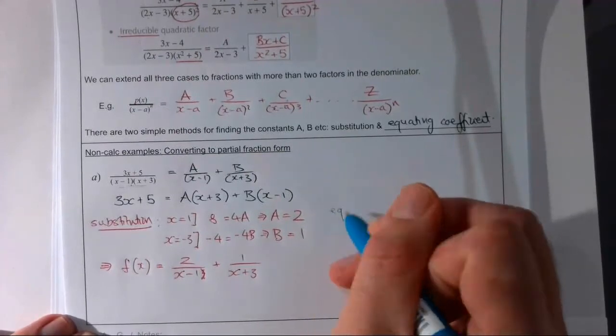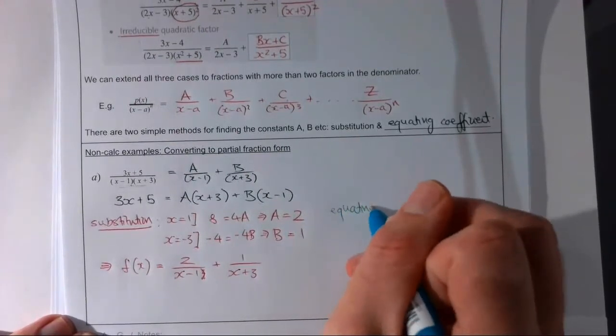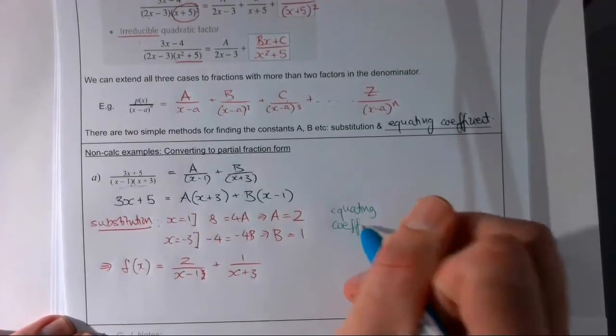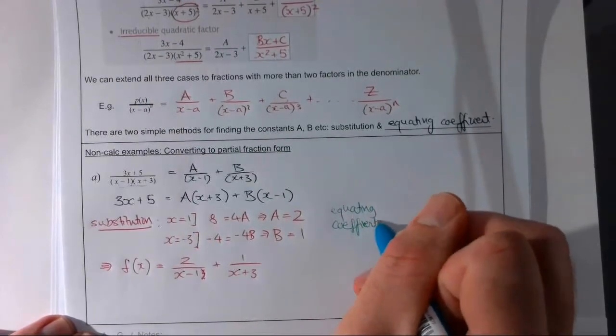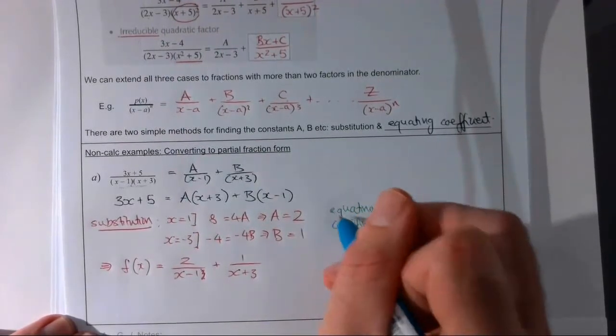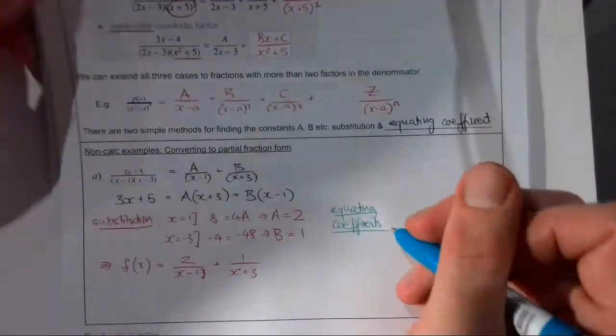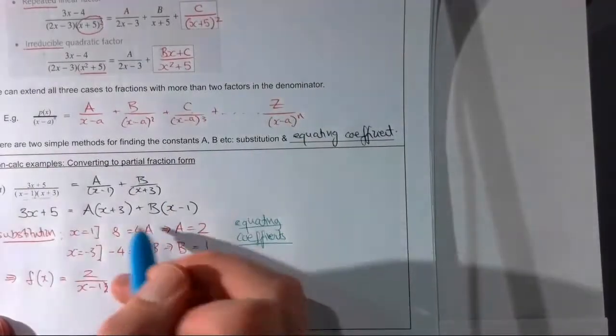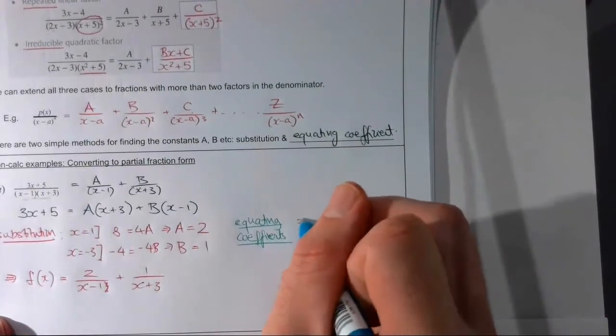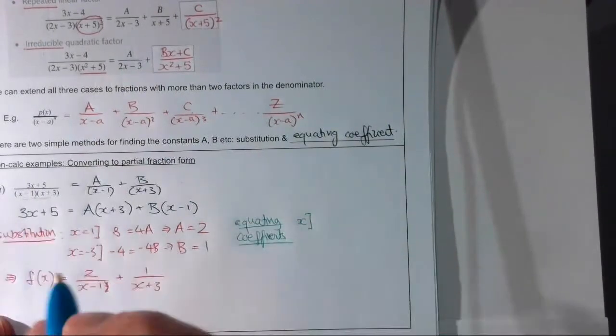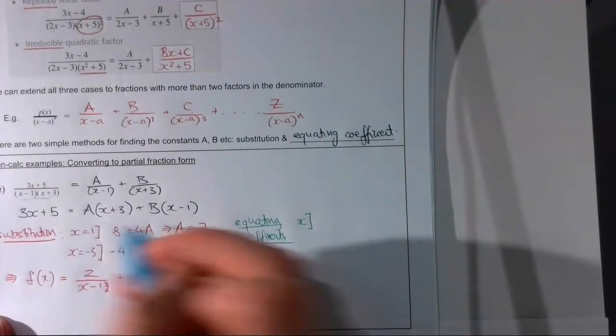Here's the equating coefficients way of doing the same question. It starts off the same way, but then I look at the x coefficient, the coefficient of x on both sides.